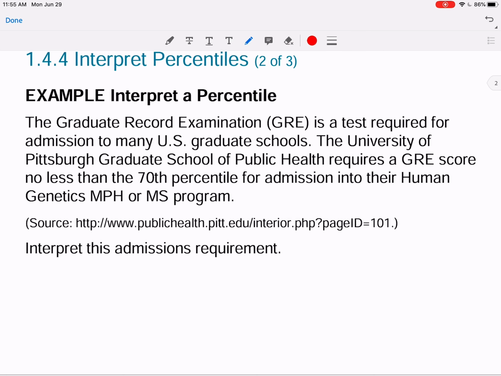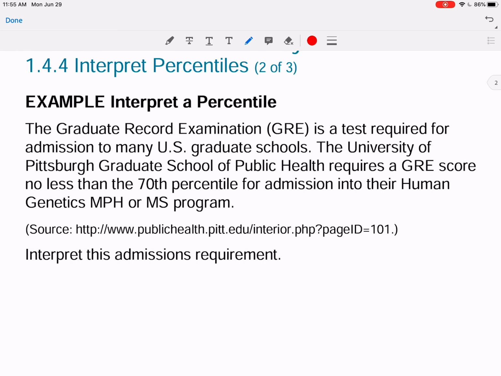How to interpret a percentile. The Graduate Record Examination (GRE) is a test required for admission to many U.S. graduate schools. The University of Pittsburgh Graduate School of Public Health requires a GRE score no less than the 70th percentile for admission into their human genetics MPH or MS program.